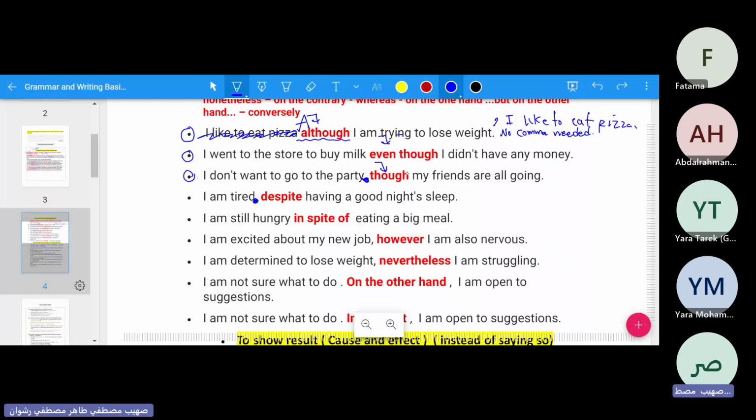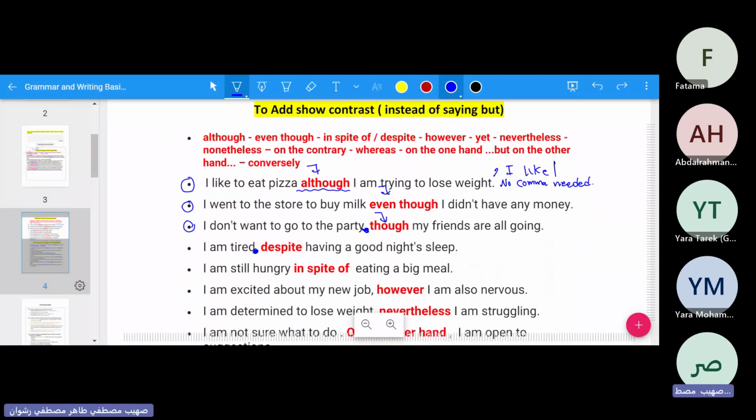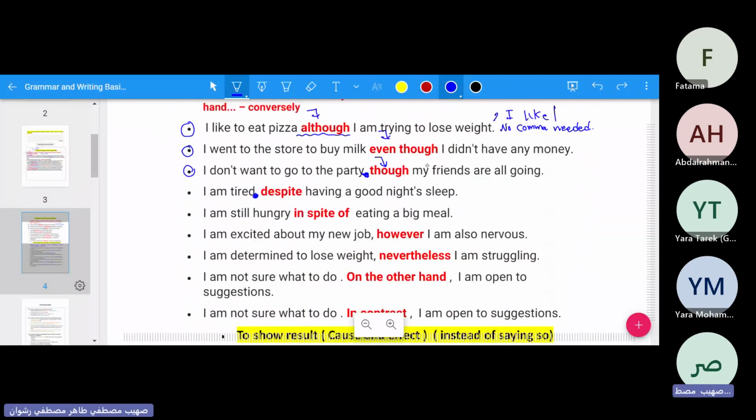This is the difference, Abdurrahman. For this reason here I said what? The rule: if you use the conjunction in the beginning, there must be a comma in the middle.